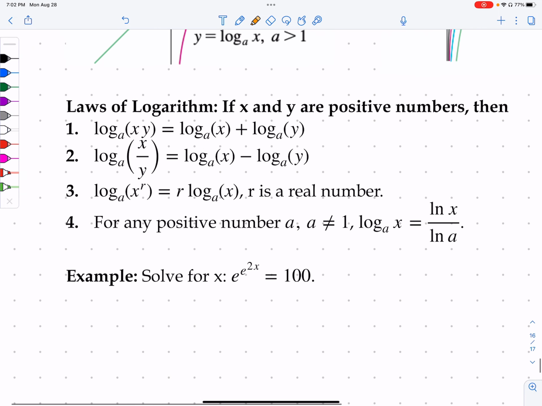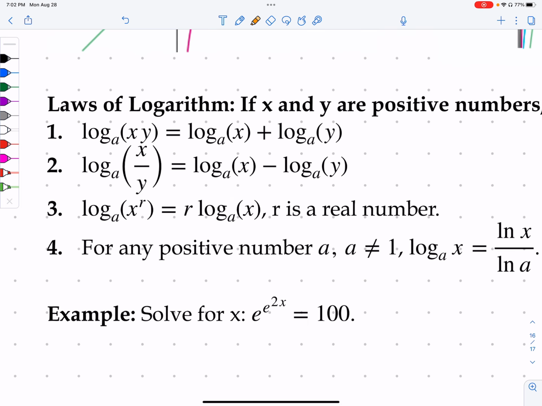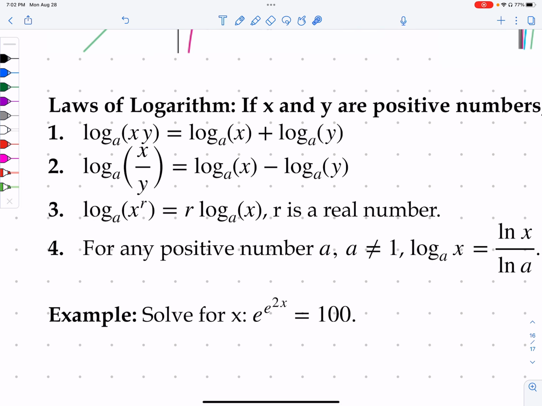All right, let's take a look at some more properties of the logarithmic functions, and then we solve these problems. The property number 1, or the laws of logarithm, is, if you have two entities x and y, you multiply and take the logarithm, that is essentially the same as finding the logarithm first and adding them together.